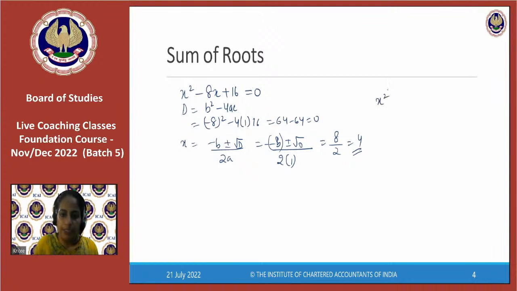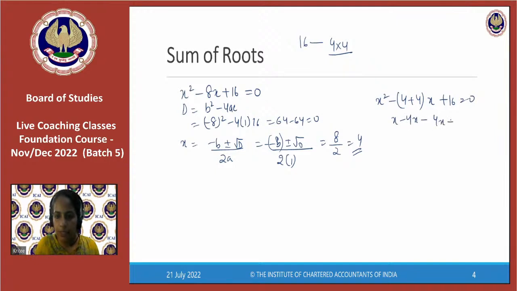And by the factorization method, 16 factors: 4 4s are 16, and 4 plus 4 gives me 8x. So x square minus 4x minus 4x plus 16 equals 0. x common: x into x minus 4, minus 4 into x minus 4, equals 0.